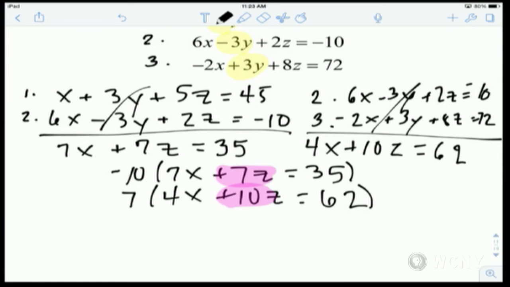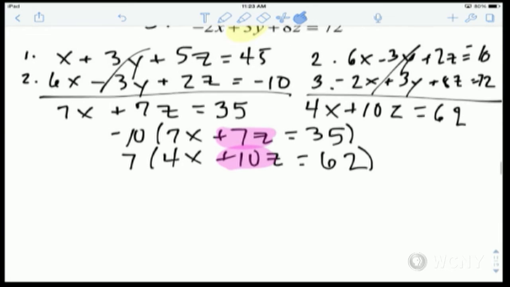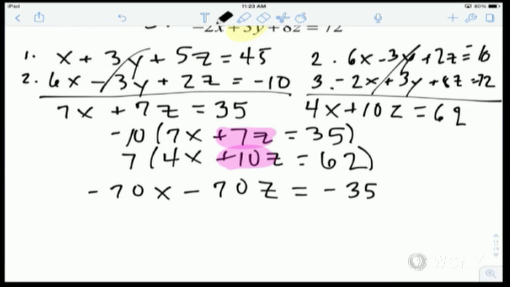Okay, so let's do the distributing. So when we distribute negative 10 through, we get negative 70x minus 70z equals negative 350. When I multiply 7 through the bottom, I get 28x plus 70z equals 434.